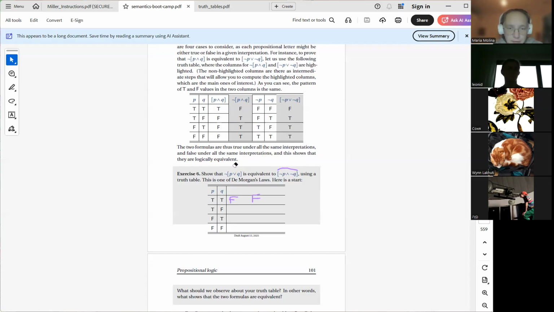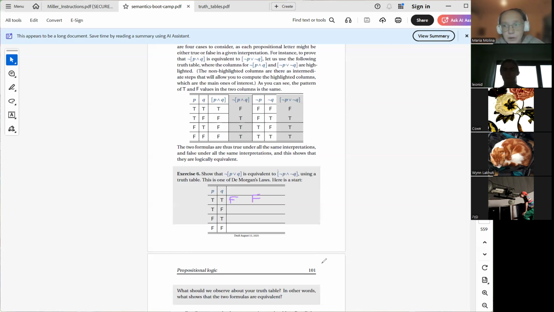What do we do if Q is false? What do we get? Anyone?